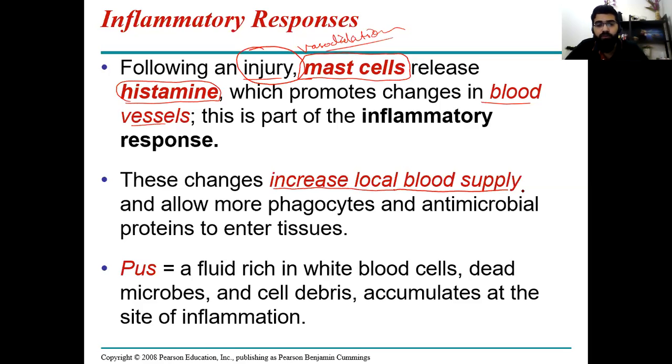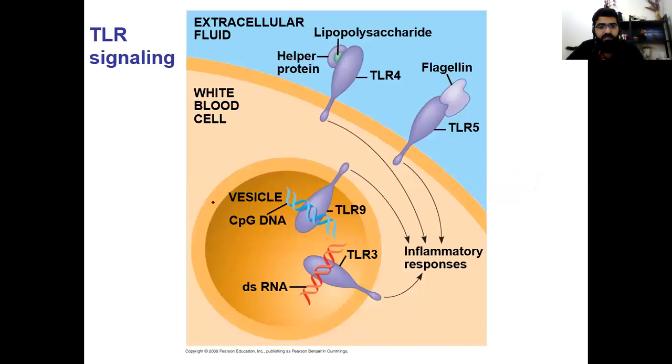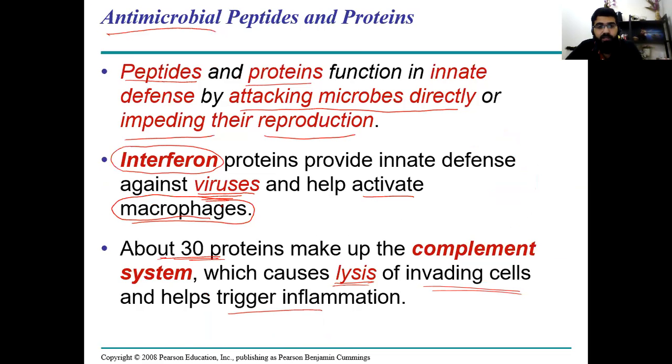Why do we need more blood supply there? We just said this injury allows pathogens to enter inside. And we just mentioned that in the blood we have white blood cells called neutrophils, macrophages, eosinophils, dendritic cells. They destroy, and release antimicrobial peptides to destroy this bacteria or pathogen, right?